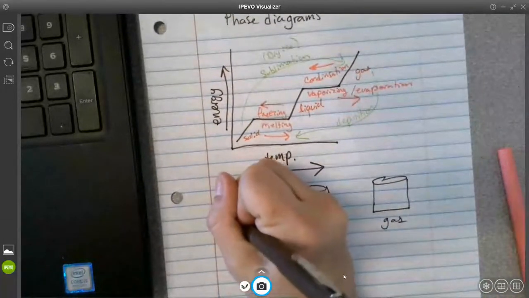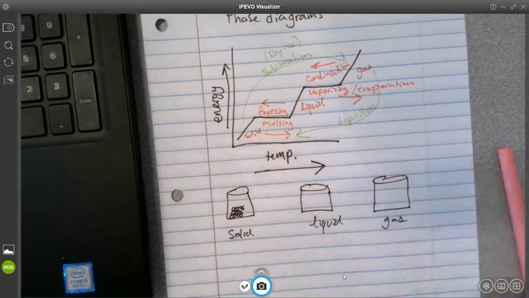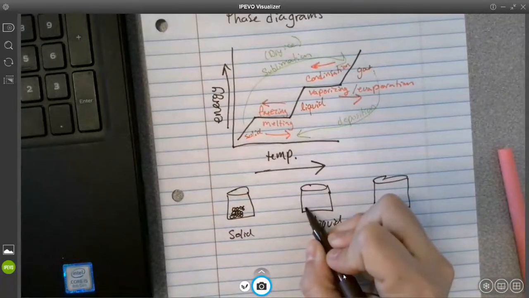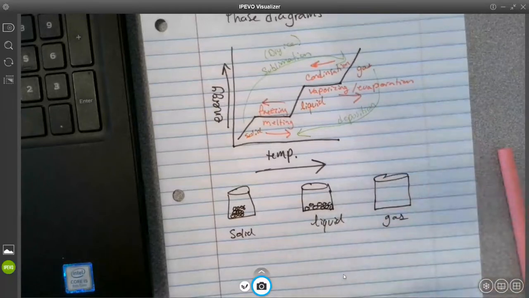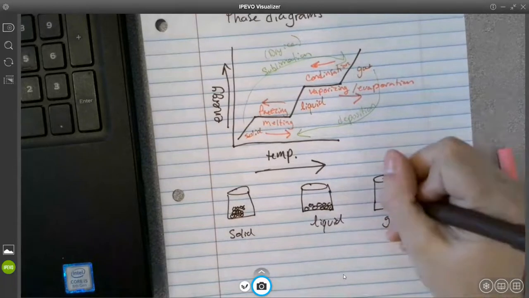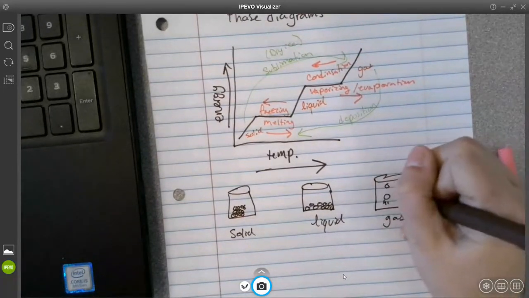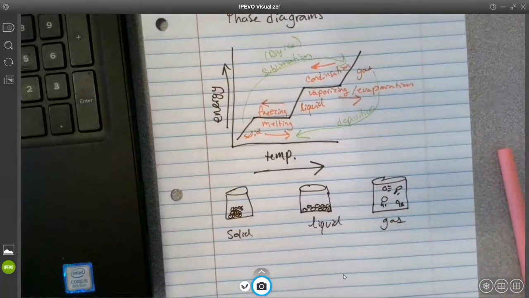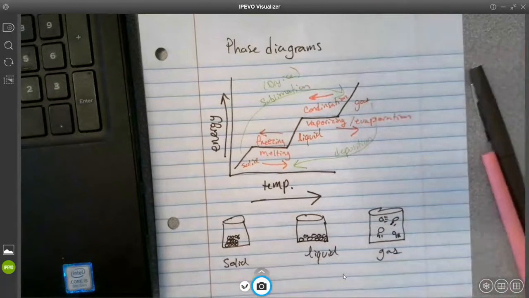A solid is going to have a specified shape. Liquids can kind of move over on top of each other, but they take the shape of the bottom of the container. Gases, they don't necessarily stay together. They move around a lot, and they kind of ping pong off the edges. So this is all the notes that we're looking at for today with our phase diagrams.